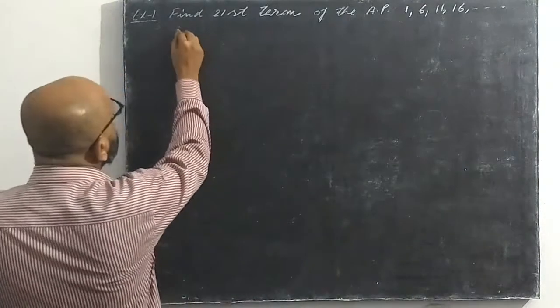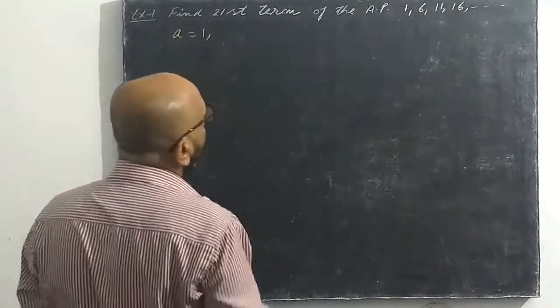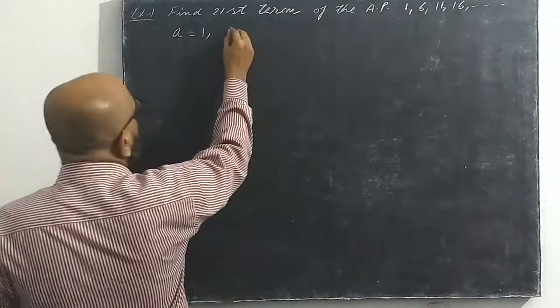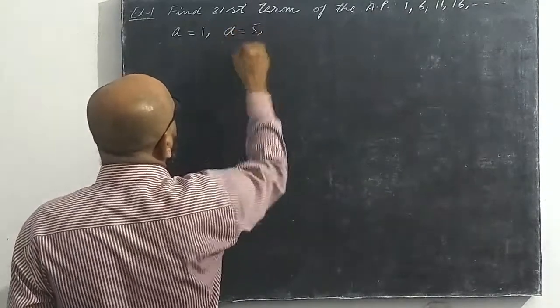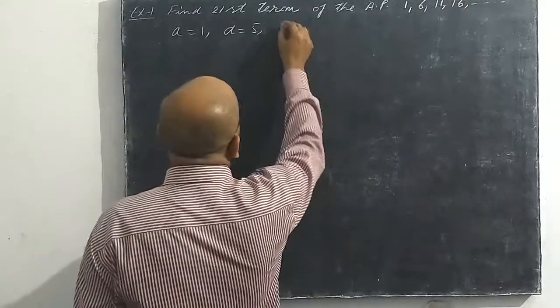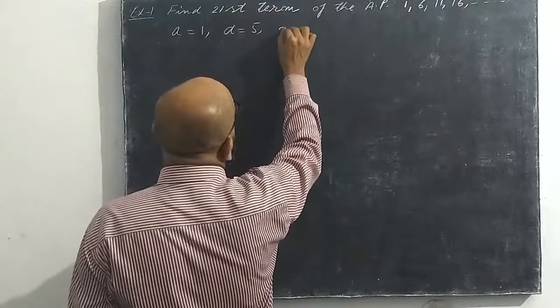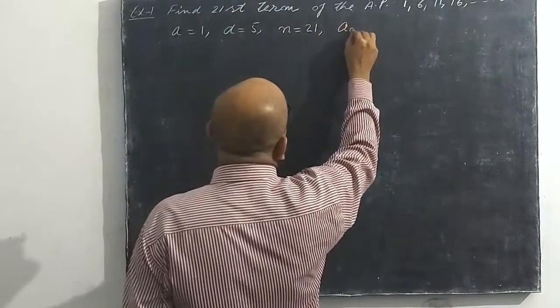So what is the first term in this AP? That is 1, and the common difference, as I have told, that is 5, and we have to find 21st term. That means n is equal to 21 and we have to find out an.